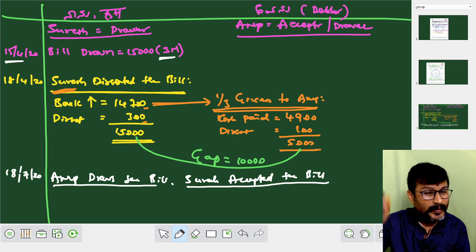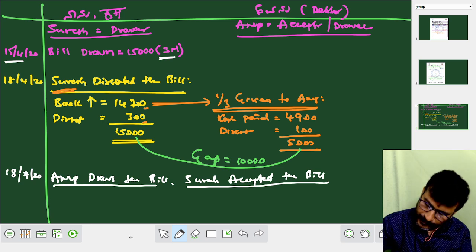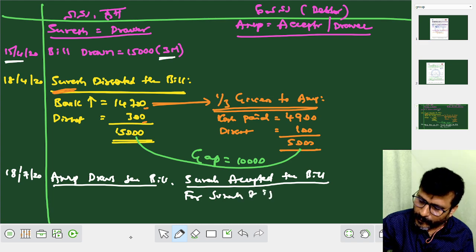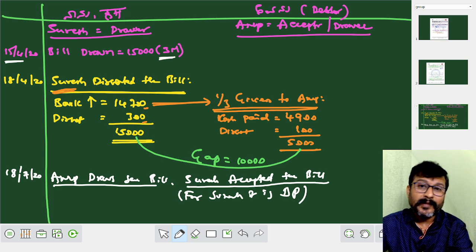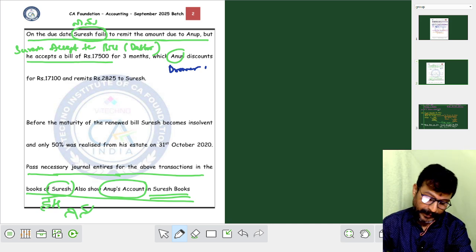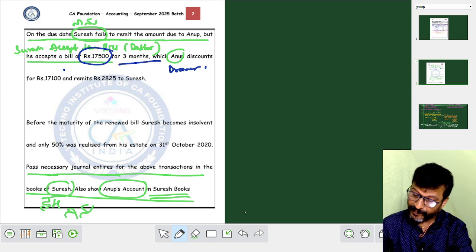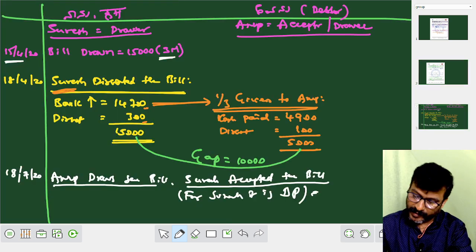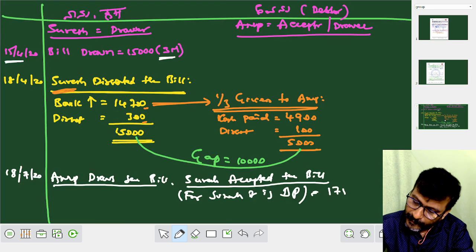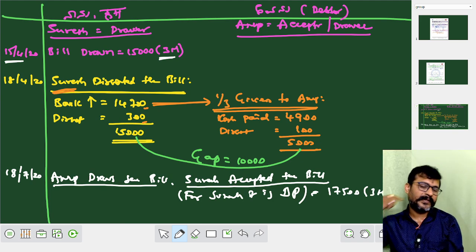Means, since we are recording the entries in the books of Suresh, for Suresh, it is BP. For how much the bill is accepted? The bill amount is how much? See, what is the bill amount? 17,500 for 3 months. How much? 17,500 for how many months? For a period of 3 months.